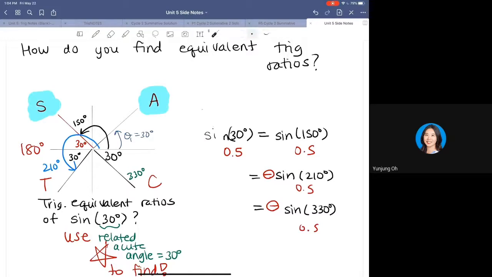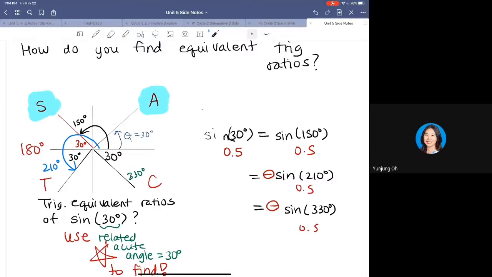When I go to the next one, I work my way counterclockwise. So I found my first one, and then I drew this black one. I noticed that sine 210 degrees will also have the same trigonometric ratio, but because it's not positive here, since this is where tan is positive, I had to put a negative sign in front of this to ensure that they do in fact equal.